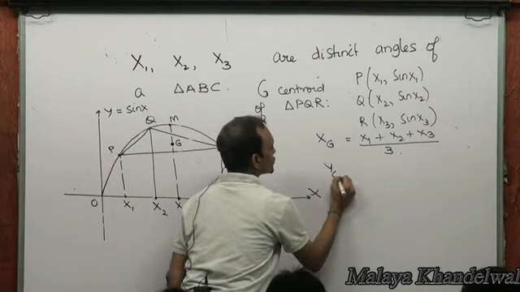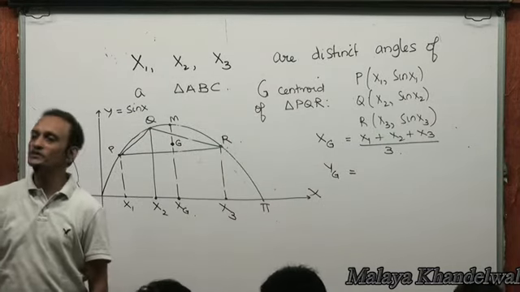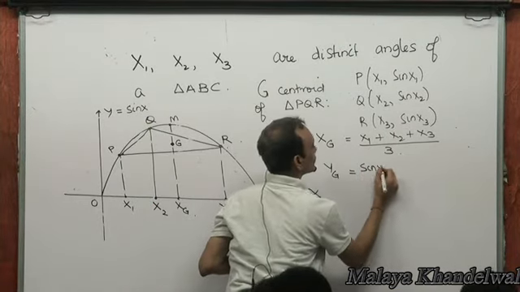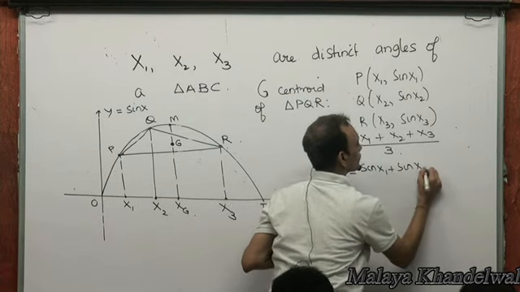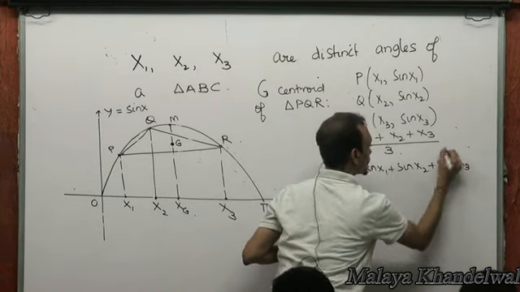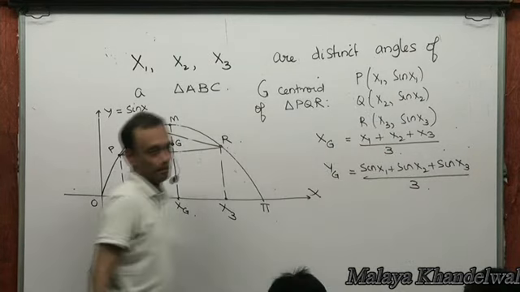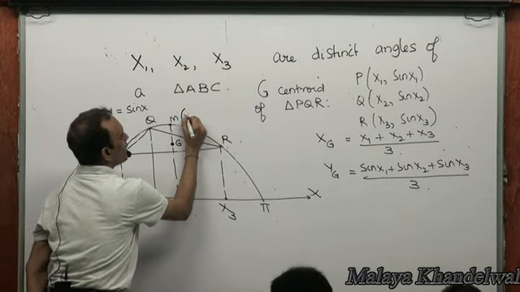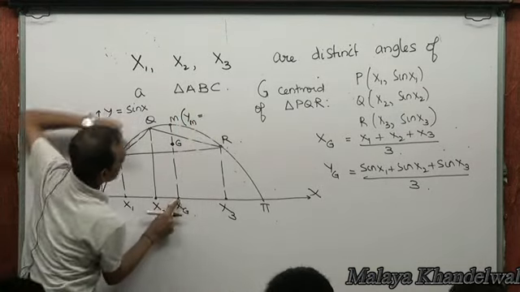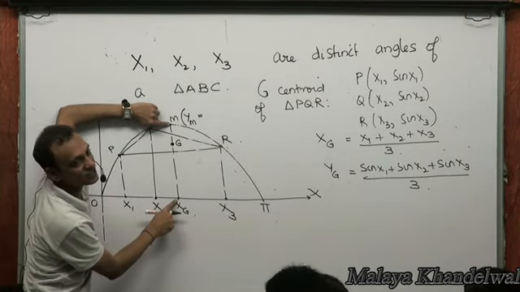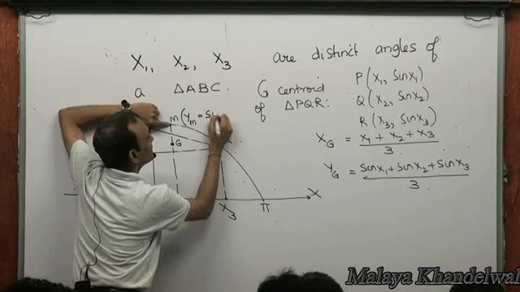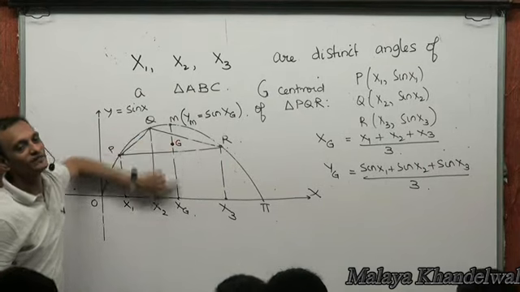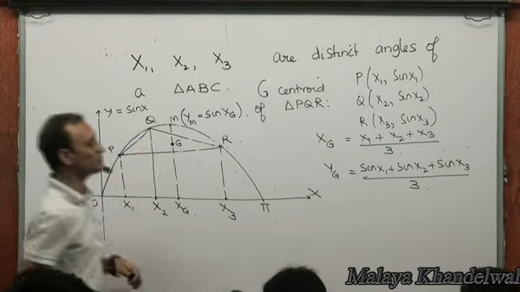The y coordinate of the centroid would be (y1 plus y2 plus y3) by 3. That will be yG. M would be what? Y coordinate of M would be sine of xG, yes or no? Right? Which is bigger, yM or yG? yM is bigger than yG.